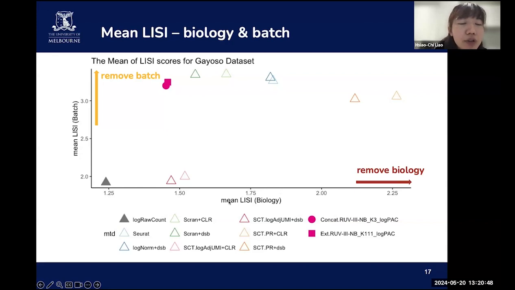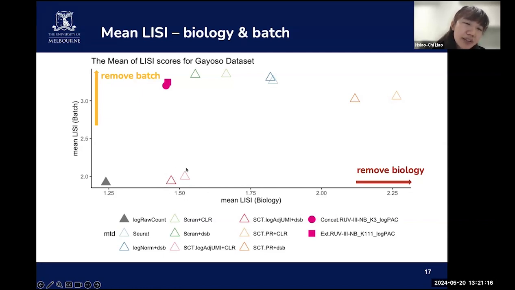For the biological Lise, we would expect a lower Lise score if the method doesn't ruin the biology. In this case, both IUV3MB methods, the concatenated one and the extended one, return a better mixture of batches, and we retain the biology in the data.